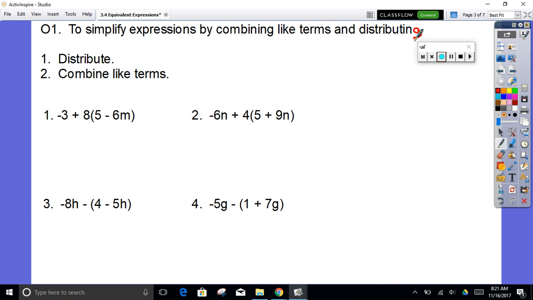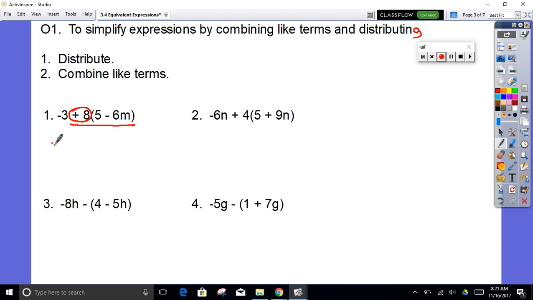When you distribute, you have to look at the sign in front of the number that you are distributing and make sure you include that sign. So if this is plus 8, then we're going to consider that to be a positive 8. So it's kind of like order of operations. You're going to do this first.